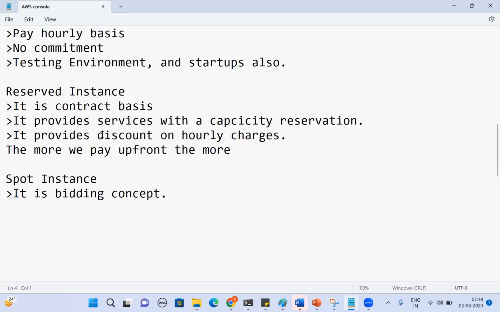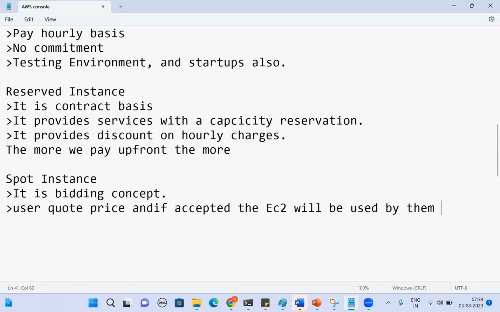I will write this point here so that you all are able to understand. Here the user quotes a price, and if accepted, the EC2 will be used by them.